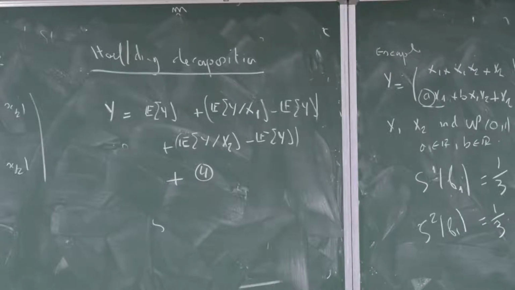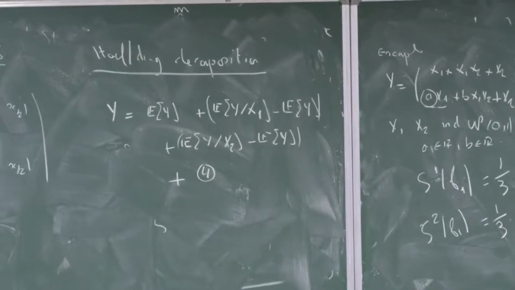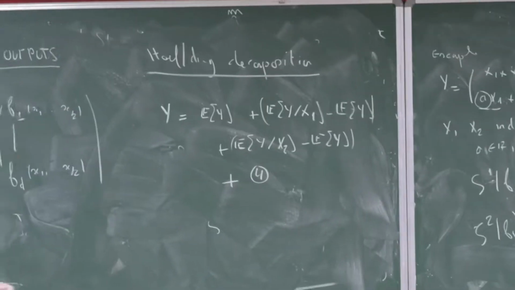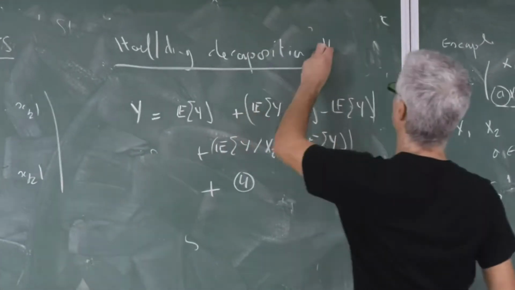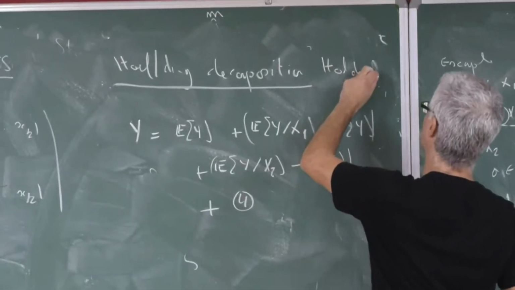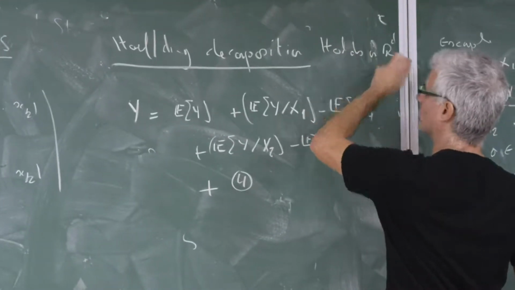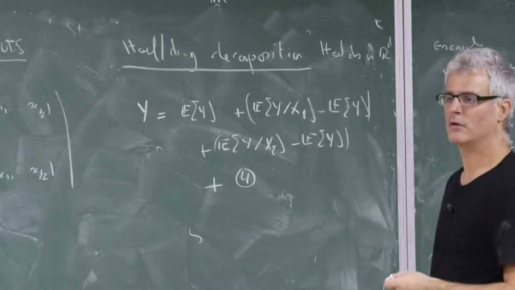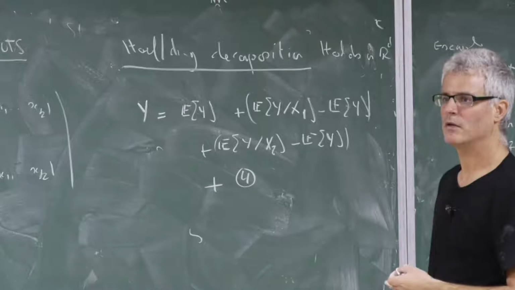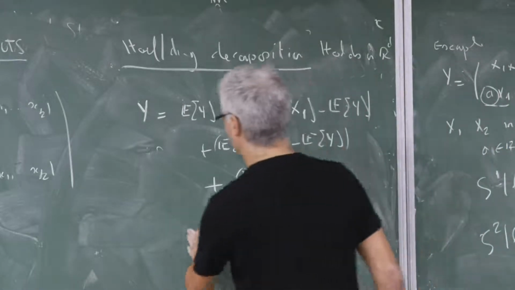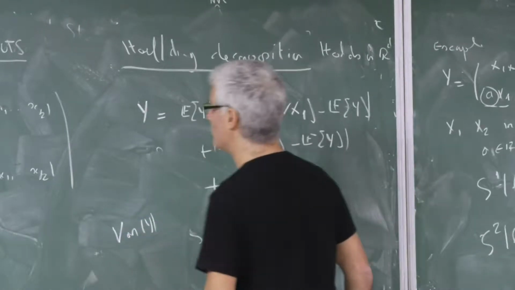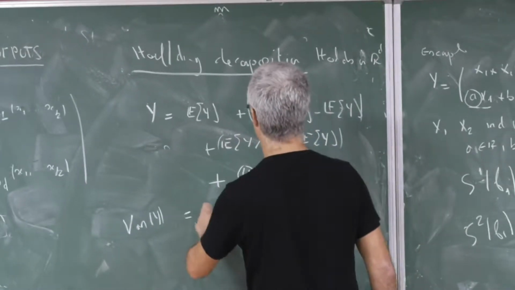So we had that. This holds in R^d, so there's no problem. Now I can take the covariance matrix on both sides. So again we'll have that. This is a matrix now.